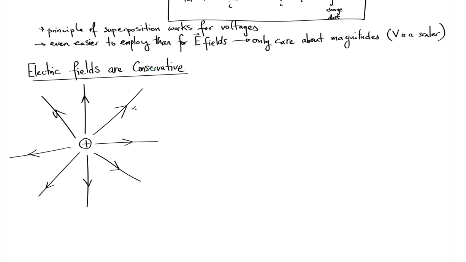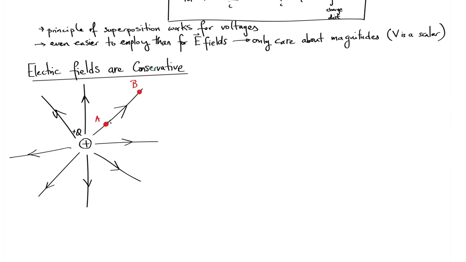Right, so this is just arguing why electric fields are conservative. So let's imagine we have a point charge plus Q. And let's imagine we're going to go from some point here, which we'll call A, to some point here, which we call B.